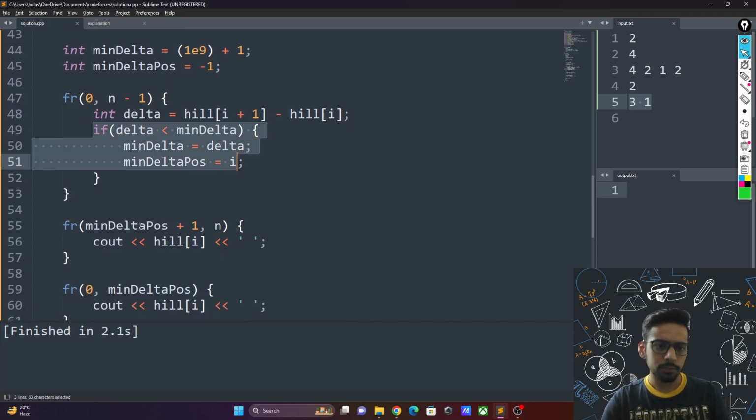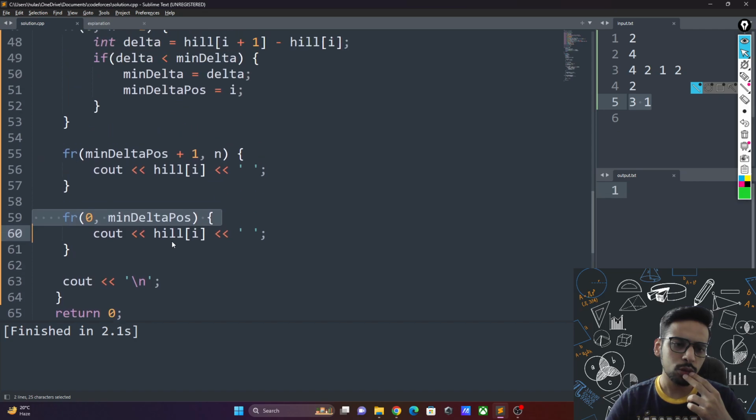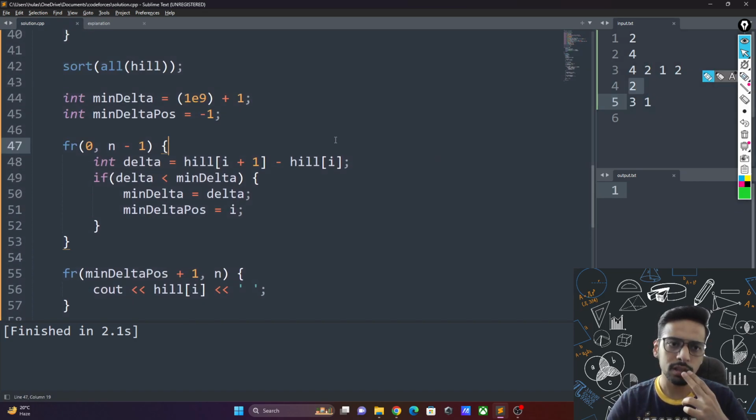This is fine. Then for min delta pos plus 1, min delta pos was 0, 0 plus 1 is 1. Then 0 to min delta pos. Looks fine even in the case of n equal to 2 actually, although I think that would be wrong.